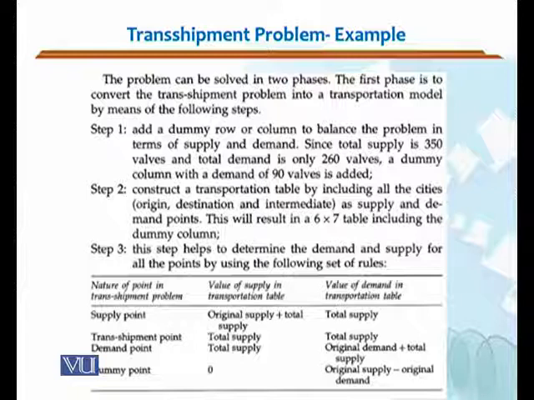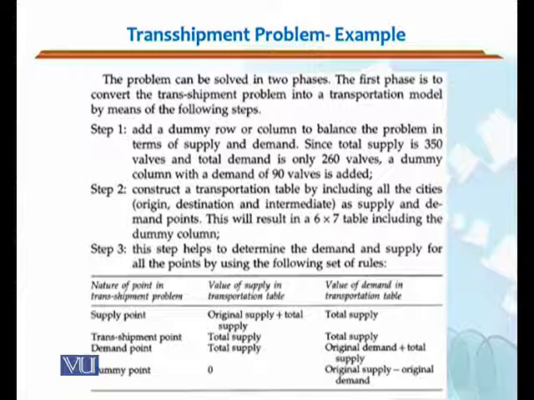The value of supply in the transportation table for a supply point would be the original supply plus the total supply. If it is a transshipment point, then it would be the total supply. And if it's a demand point, then it would also be the total supply. Whereas a dummy point would carry a zero value of supply in the transportation table. Now, the value of demand in the transportation table for a supply point would be the total supply.